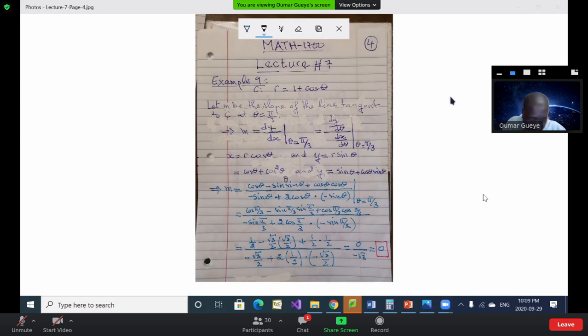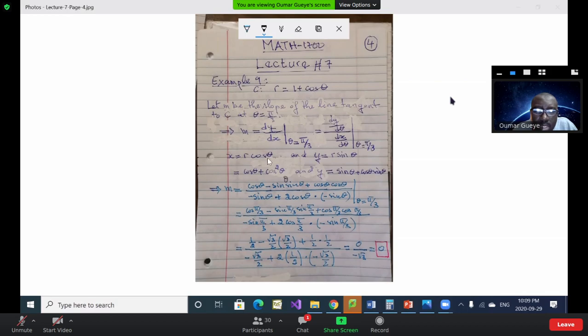Any question? Y equals cosine plus cosine square. Pardon? Y equals cosine plus cosine square. X here? Yes, I just substitute r by its value. So r is here.